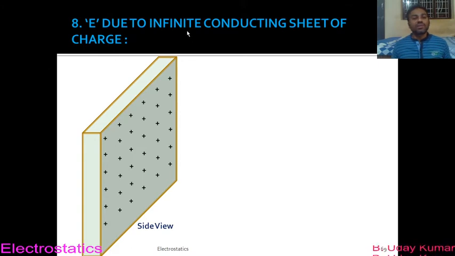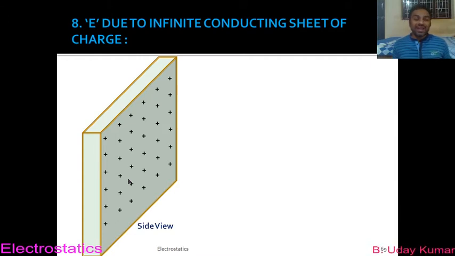So what is the meaning of infinite? From the name itself you can say that its dimensions are infinite. That means its length and breadth are infinite, but its thickness will be very small, infinitesimal.